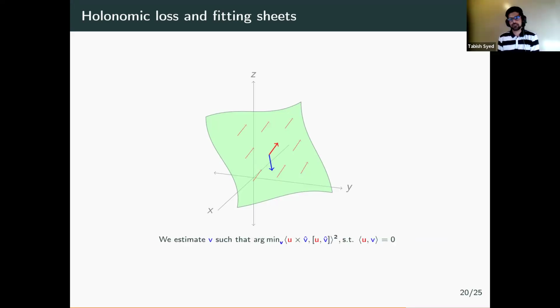So you take the mean squared error between the Lie bracket and the cross product. Could you explain why we need a cross product there? The cross product of u and v would be a vector which is normal to u and v.